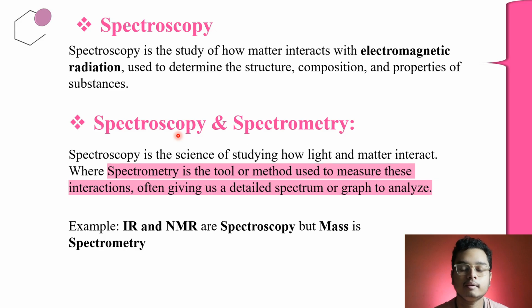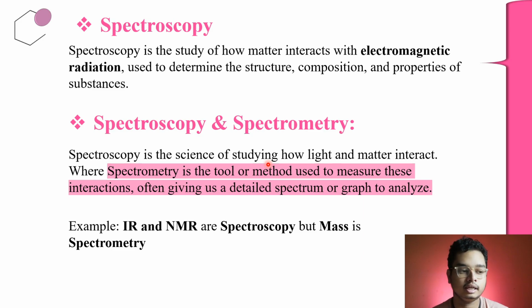So in a very basic and brief way, spectroscopy is the science of studying how light and matter interact. This is not a concrete study, it is an empirical study.